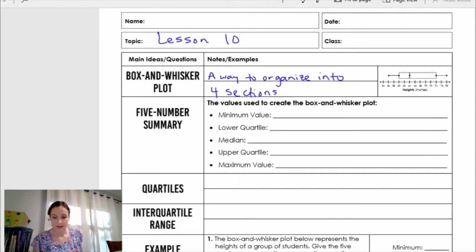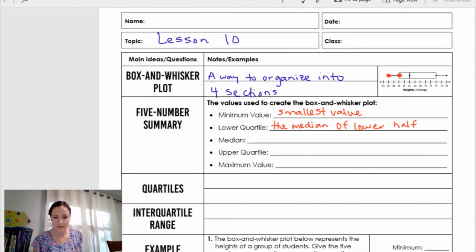The minimum value is the smallest value on your box and whisker plot, which is going to be this value right here. The lower quartile is the median of the lower half, and that is also represented on the box and whisker plot right here.